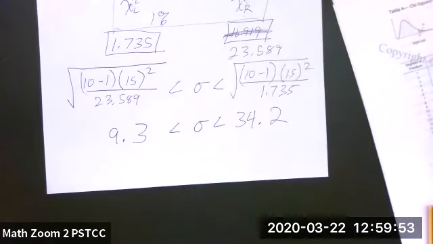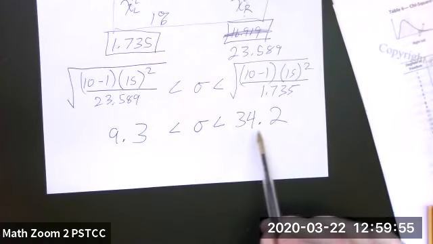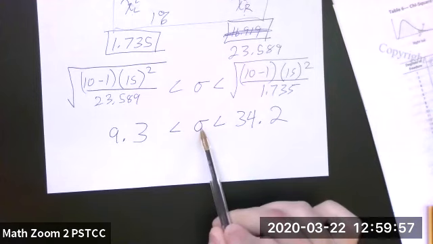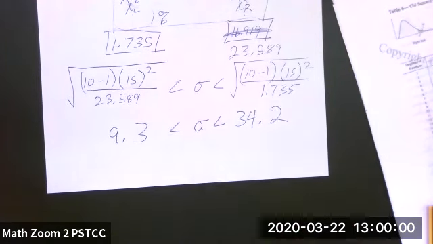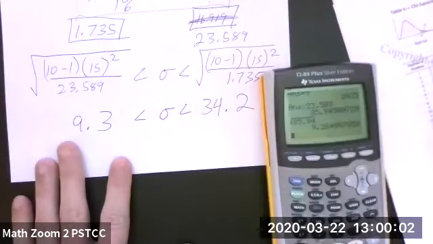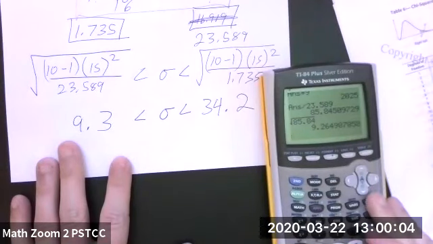Okay. This is the confidence interval for population standard deviation. Now, unfortunately, there is not a way to confirm this answer using a calculator.